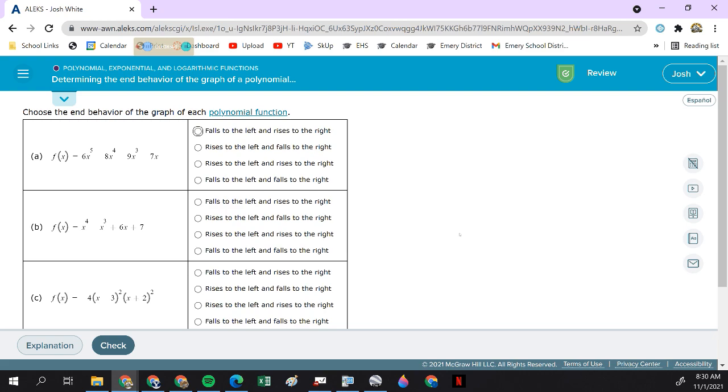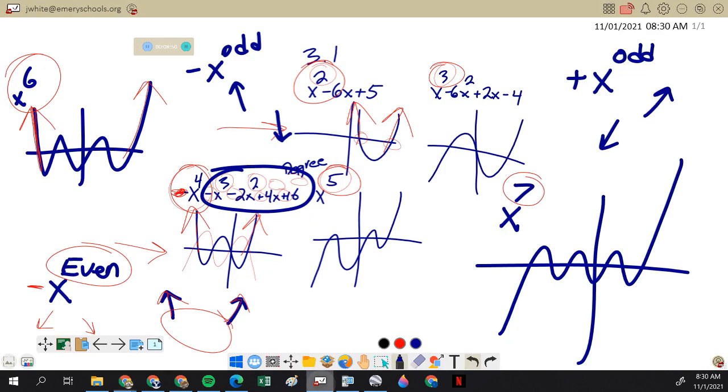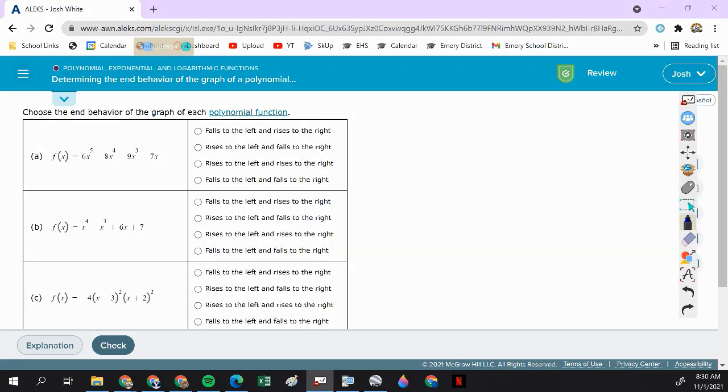So here's a polynomial. We will be looking there in just a second. So right here, I have positive 6x to the 5th. What does that tell me about the graph?